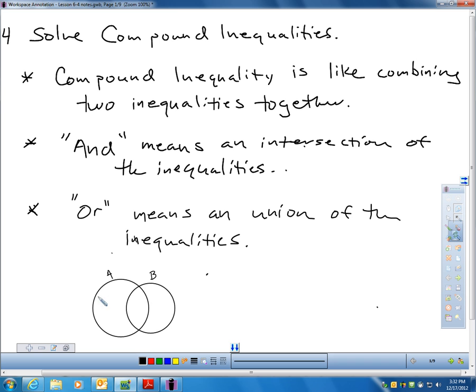So a union would be taking all of A and all of B and combining it together. That's what an "or" is. So "and" is what they only have in common. Maybe I'll shade that again in blue. Here's an "and." It's only what they have in common, where an "or" is just combining everything together. So that's how we can combine inequalities, either by "and" or "or." "And" is only what they have in common. "Or" is just combining it all together.